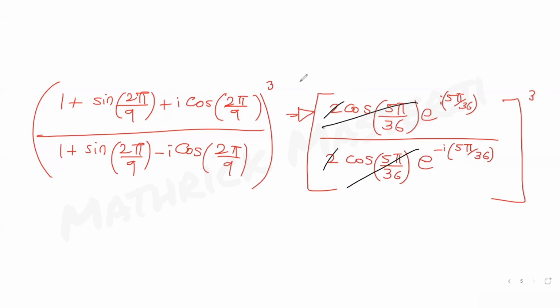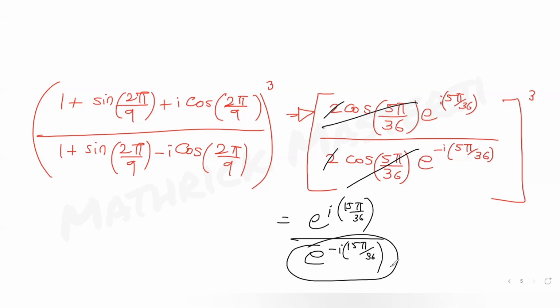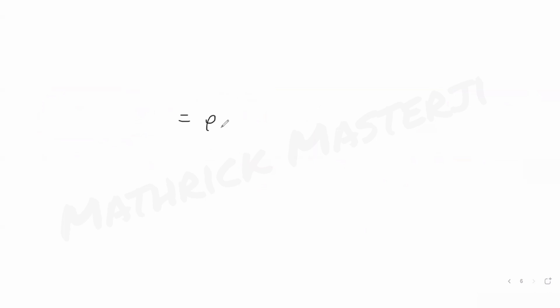So what I get here is e raised to i, 5 pi by 36 gets multiplied and becomes 15 pi by 36. Denominator becomes e raised to minus i, again 15 pi by 36. Now once I take this e raised to minus i theta in the numerator, it also becomes positive and it becomes e raised to i 15 pi by 36 plus 15 pi by 36.